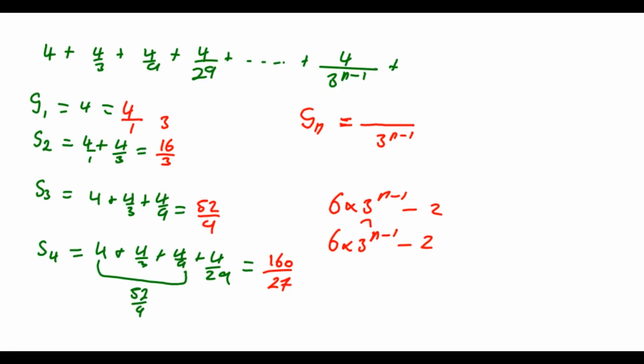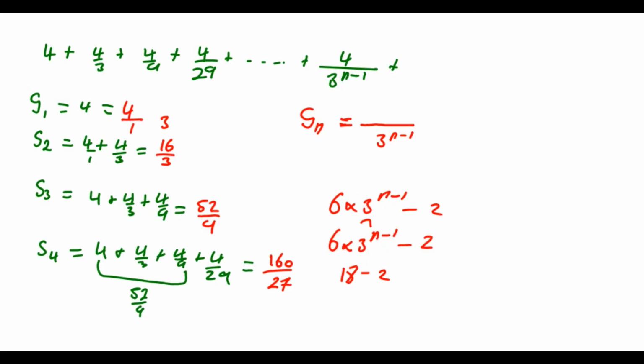So 3 times 6 is 18. 18 minus 2 is 16. Okay, that makes sense. So if you plug in 3, that would be 3 minus 1, that would be a 2.